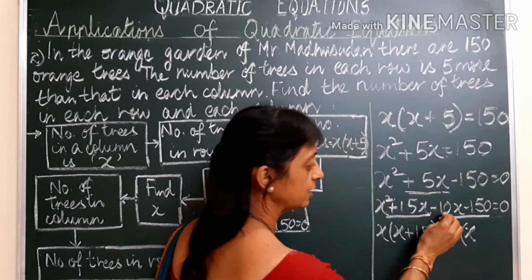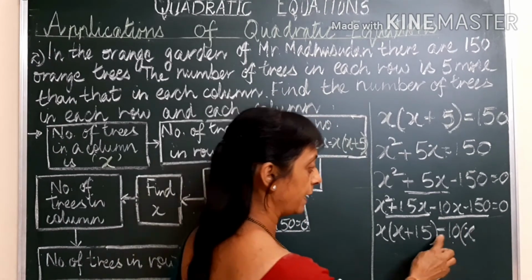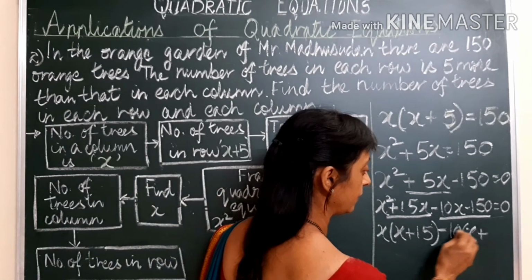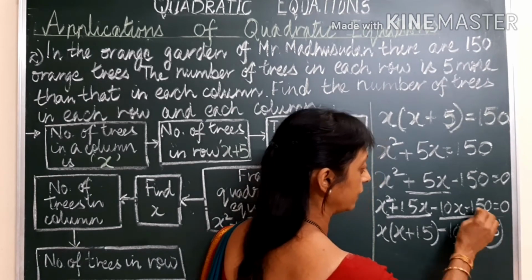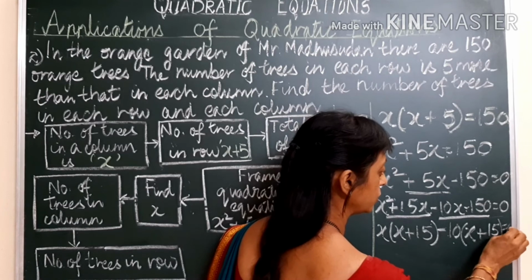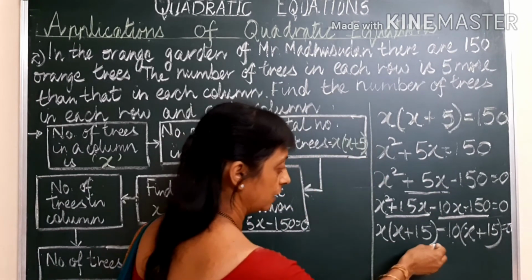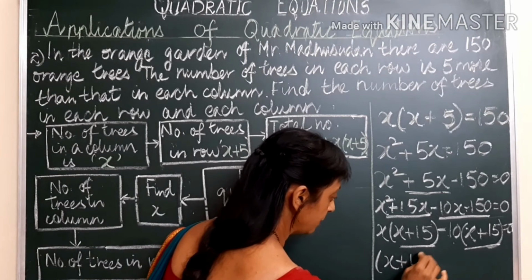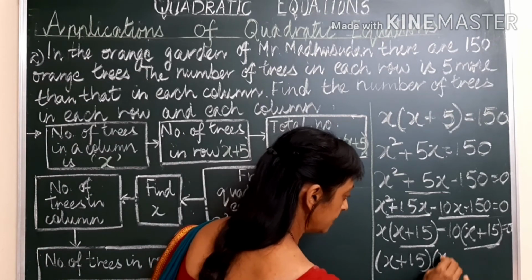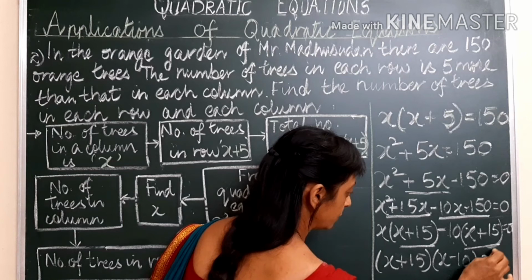So minus 10 into x gives you minus 10x, and minus into plus will give you minus, and 10 into 15 will give you 150, which is equal to 0. Let's take out the common binomial: x plus 15 into x minus 10 is equal to 0.